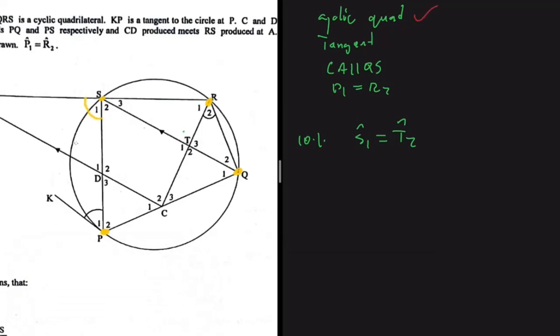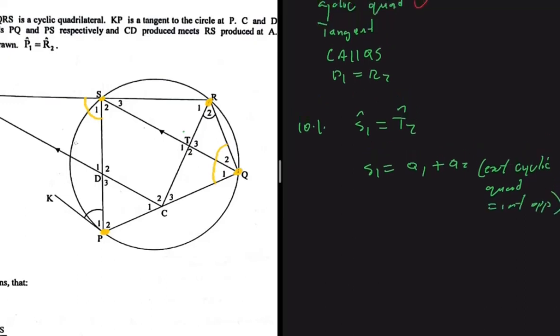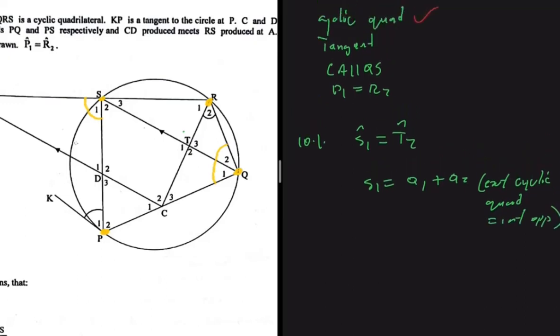So if it's an exterior angle of a cyclic quad, it should be equal to Q1 plus Q2, right? So S1 is equal to Q1 plus Q2, right? An exterior angle of a cyclic quad is equal to the interior opposite angle. So we've exhausted the cyclic quad.